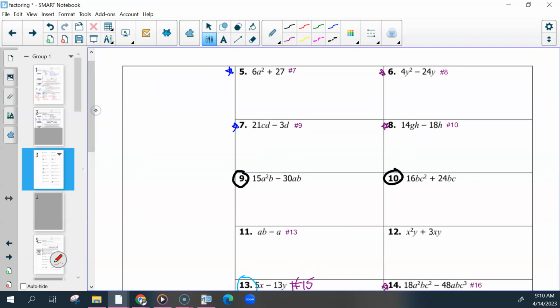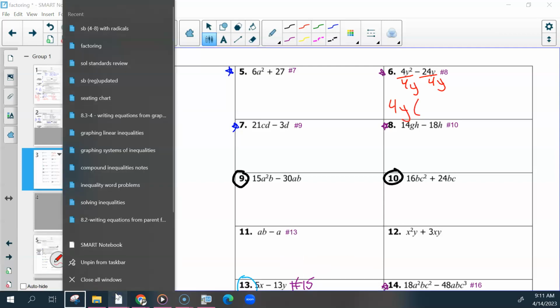So let's do 6. Highest number we can divide out of both for 6? 4. Do they have any variables in common? Yes. And then how many y's can we take out of both? Just 1. So 4y is what we're dividing out.